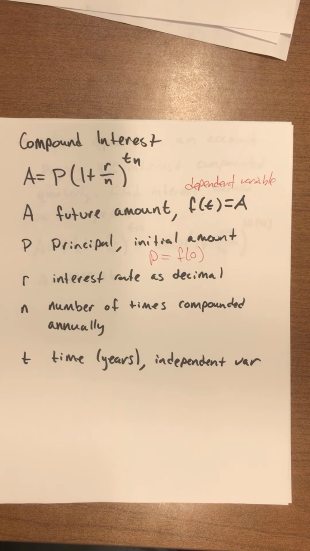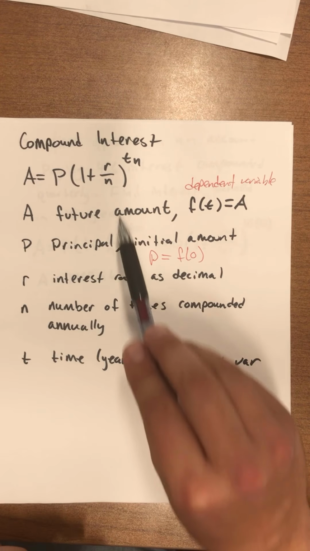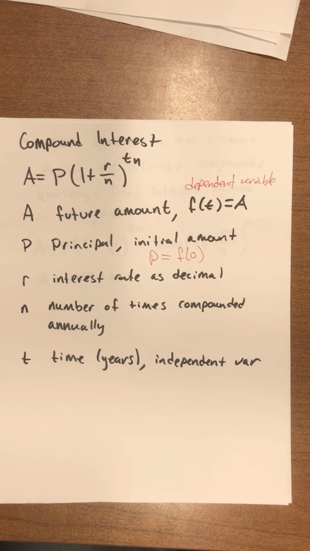Now you could examine this interest formula where, say, something like r was the independent variable, and in that case time would then be fixed if we're doing single variable, but it's most common to analyze this where t is the independent variable.